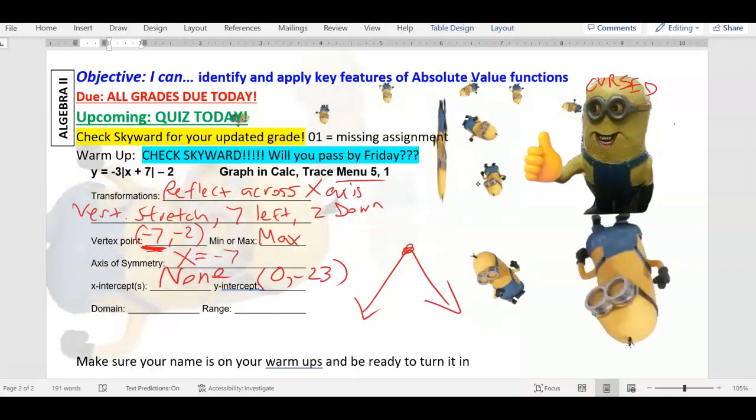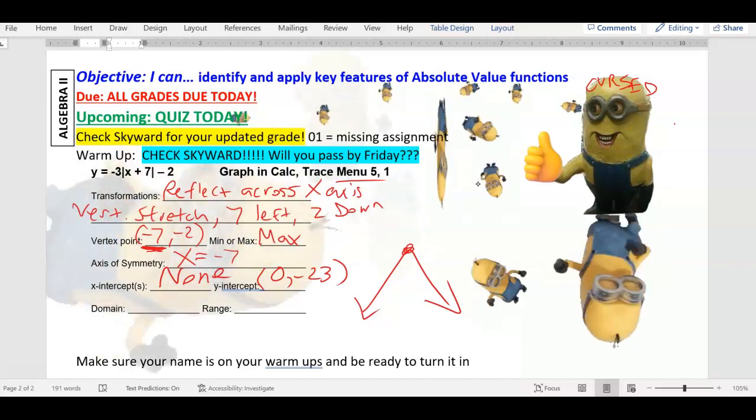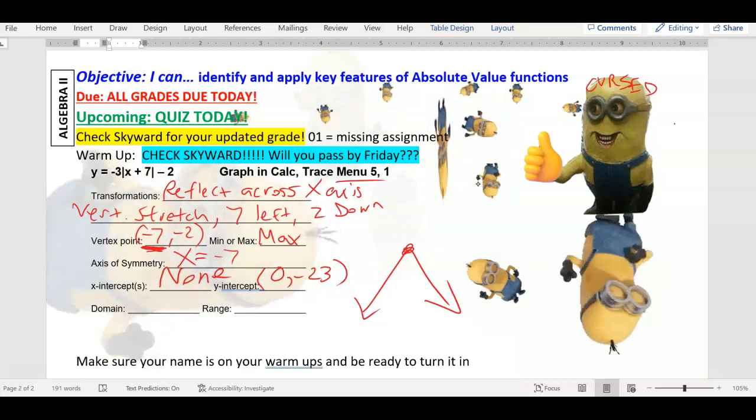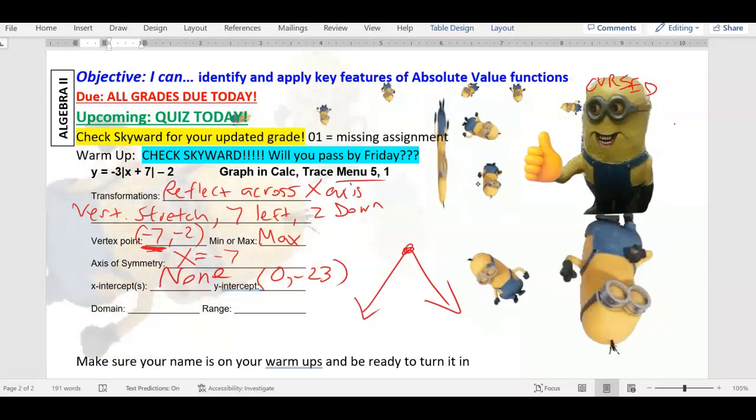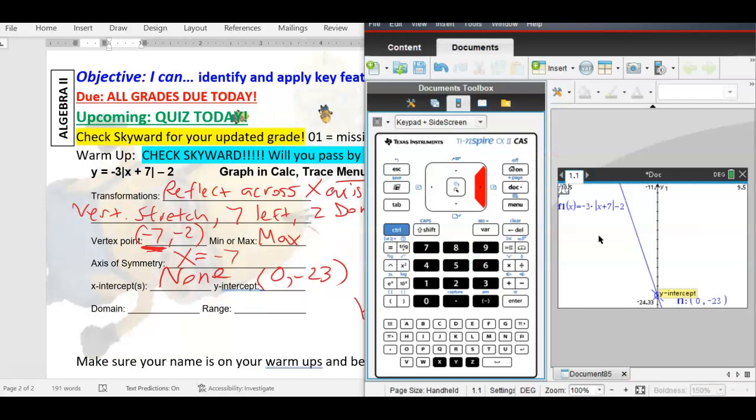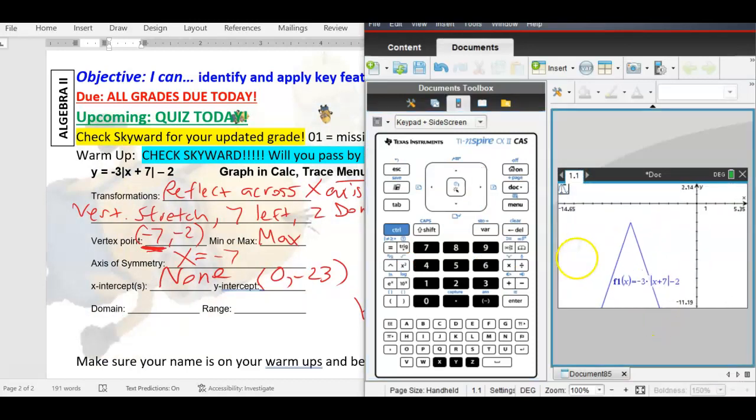All right, now domain and range. Domain is which direction? Left to right, okay? Domain is from left to right. Look at this graph. Again, it's going forever down, but it's also going further left and right. So how do I write that as a domain?